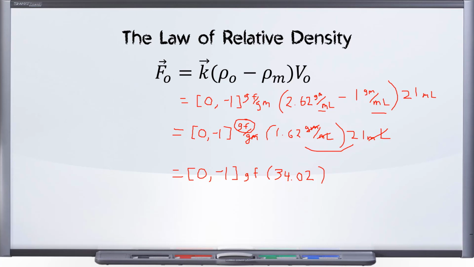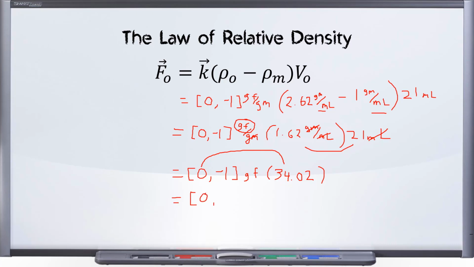And now we get to the sticky bit, the bit where we have to multiply a vector times a scalar. A scalar is what you call it when the number's not directional. It's just a number. So we have to multiply that out. The way we do it is we multiply each term. So the first term of the answer will be the first term times the thing. And 0 times anything is just 0.